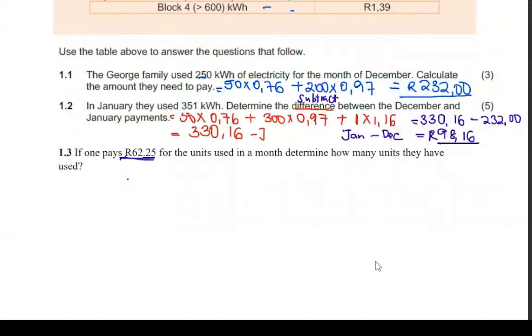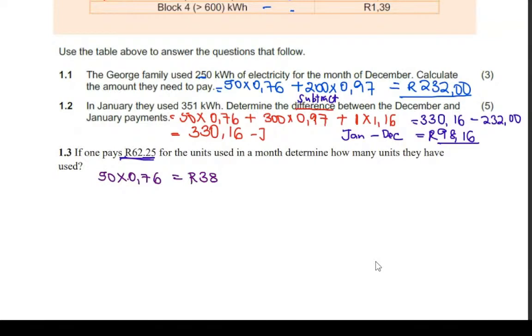What we're going to do now, first and foremost, we shall ask ourselves, if the person uses 50 units, how much do they pay? On your calculator, multiply there and you find out. So if the person has used 50 units, they have only paid 38. You see that?